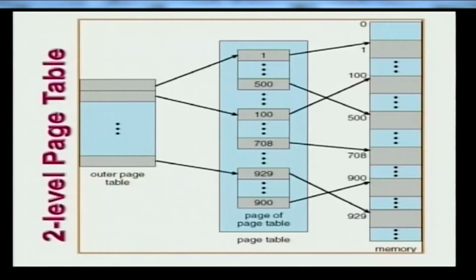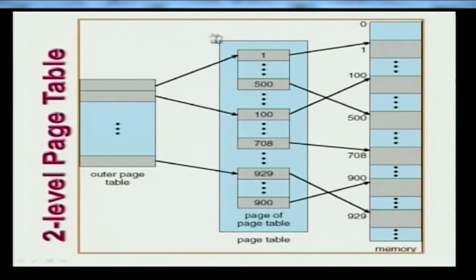This is how a 2-level page table will look. There is an outer page table and there is another normal page table which is available. This is the physical memory which is available. Therefore, this normal page table in a simple paging scheme is now visualized into two different levels.